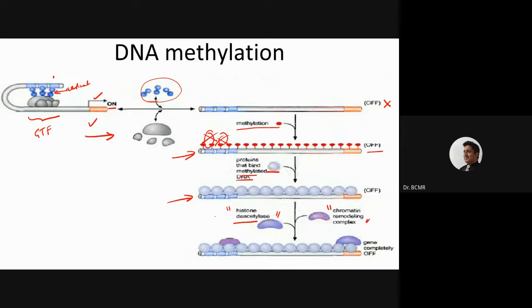If you recollect from our previous course, histone acetylation is associated with increased expression. So these histone deacetylases remove the acetyl groups from the histone tails. Transcription is thus turned off even further, and you will see that the gene, or that region, is completely silenced.